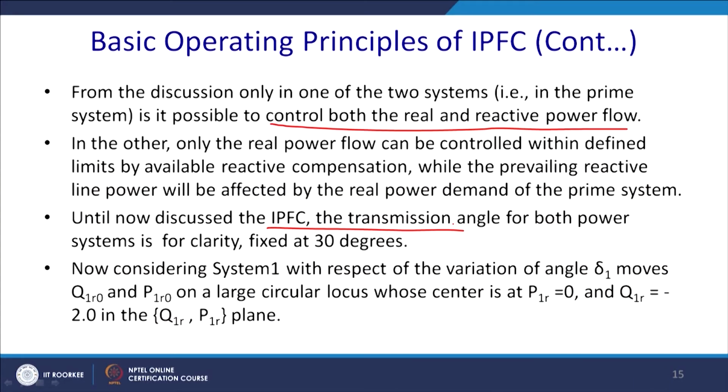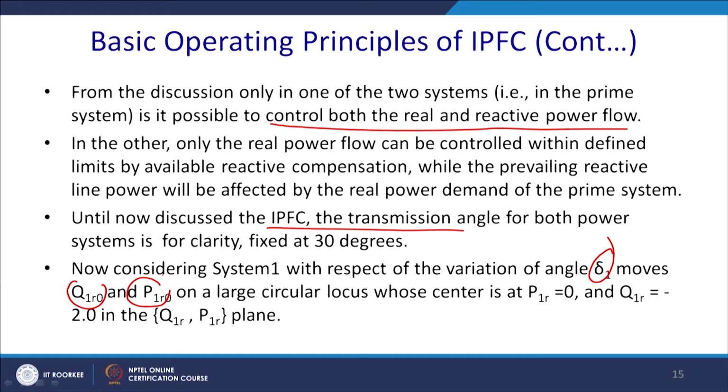Until now, the IPFC was discussed for a power system angle delta equal to 30 degrees, and the same discussion can be extended to another angle, let us say 60 degrees, 45 degrees or any other angle. Now, considering system 1 with respect to variation of angle delta 1, it moves from Q1R0 to P1R0 on a larger circular locus whose center is at PR1 0 and QR1 equal to 2 in the plane.